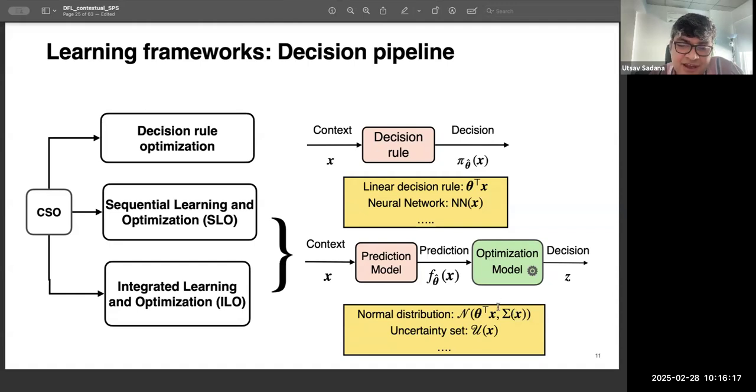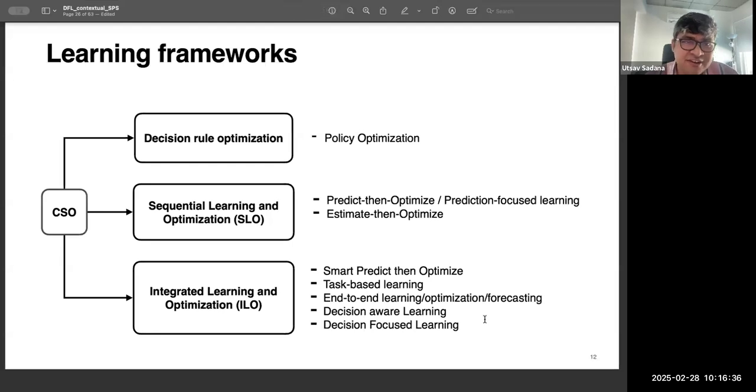And you can fit these theta and sigma to your data using maximum likelihood estimation. You can, in fact, learn uncertainty sets and then use these uncertainty sets to make decisions based on your covariates. So these frameworks are quite general.